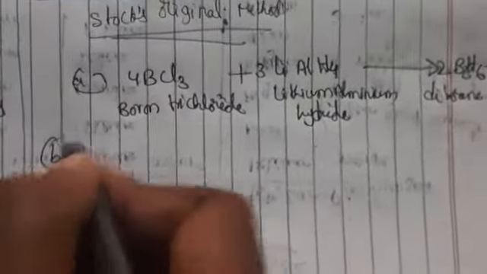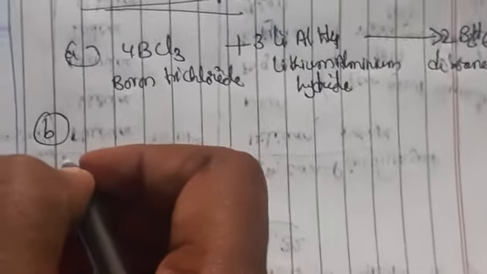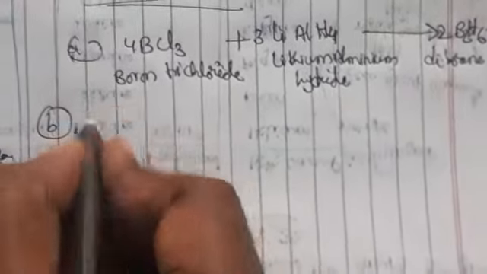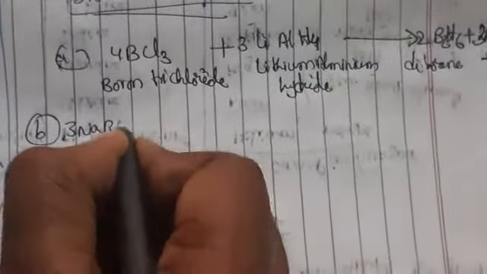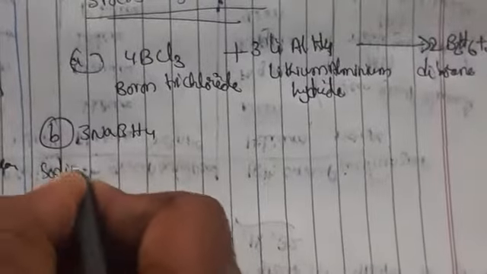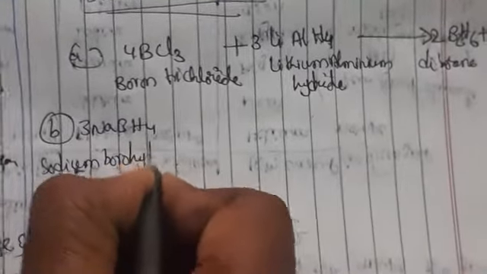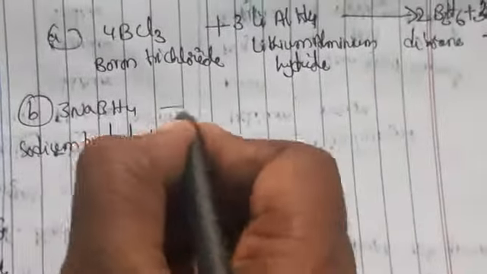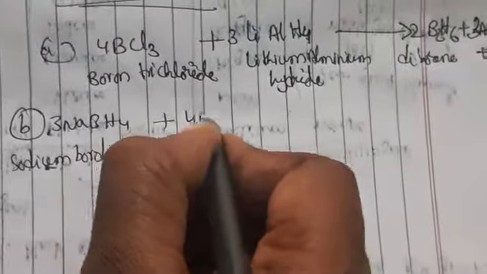So what is the next preparation? We are doing reduction with boron trifluoride and sodium borohydride. We are taking 3NaBH4, sodium borohydride. This is treated with either BCl3 or BF3.